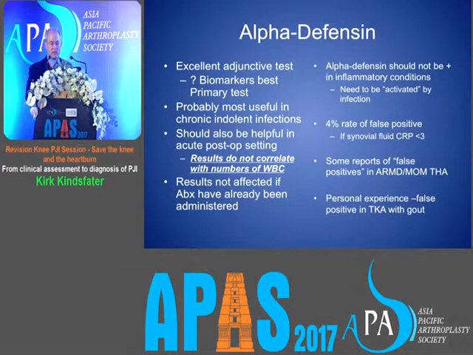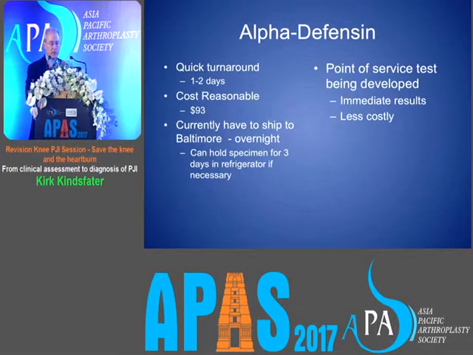It needs to be activated by infection. Having said that, there is a small false positive rate if your synovial fluid is less than 3. There are some reports of false positives in metal-on-metal hips that have adverse reaction to metal debris. And I've had one personal experience in a patient that had gout, and we had a false positive.